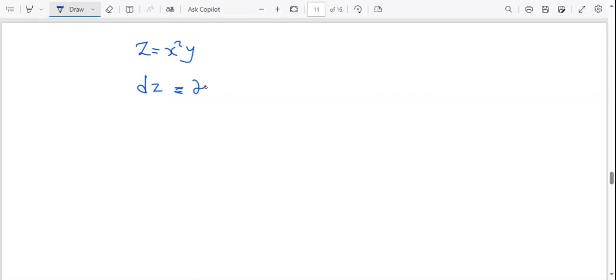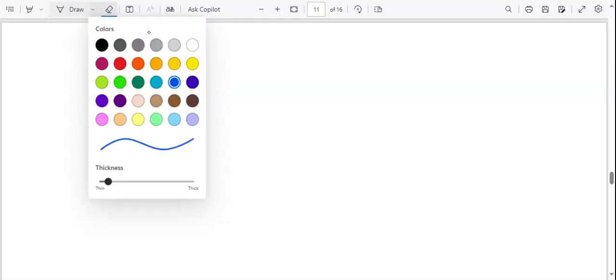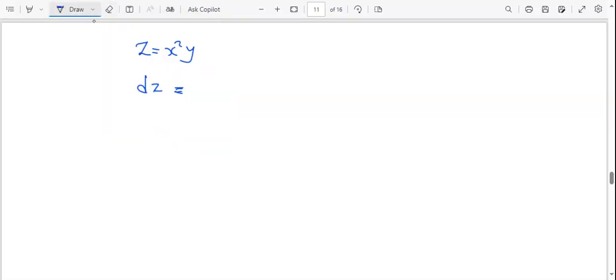So you say change of z, all right, partial derivative with reference to change in what, in x. So I'll say partial change in z, then with reference to what, partial change in x, all right, then holding what, y constant, like that.